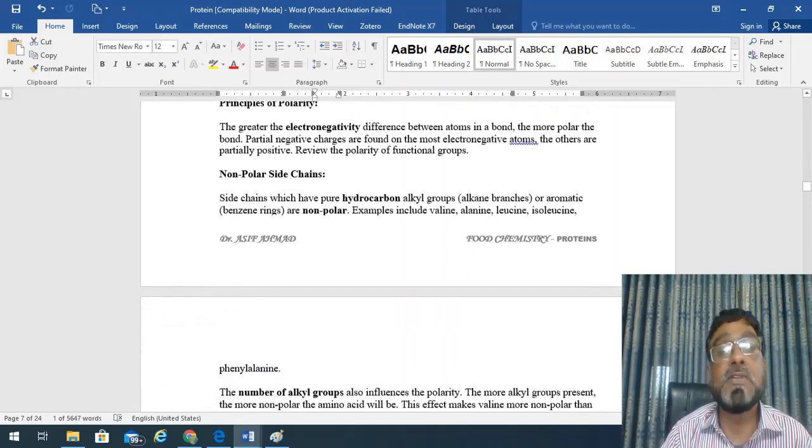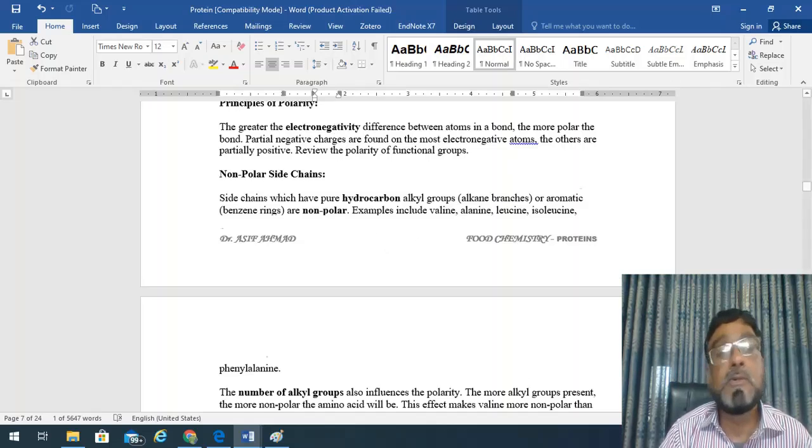What is the basis for this polarity? Basically, the greater the electronegativity difference between atoms in a bond, the more polar the bond will be. And partial negative charges are found on the most electronegative atoms. The others are partially positive, right?